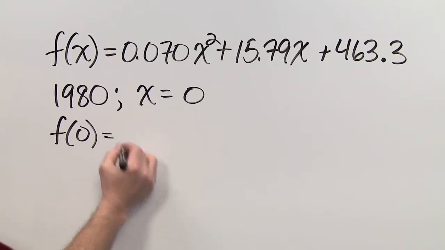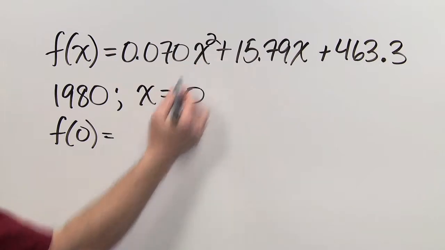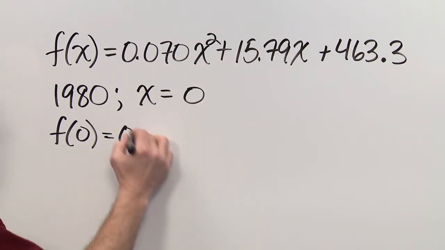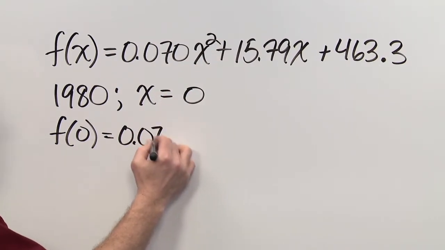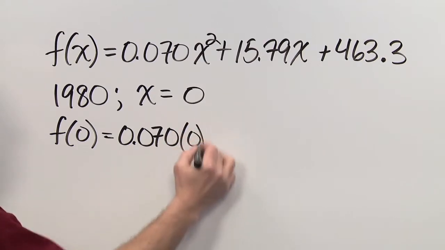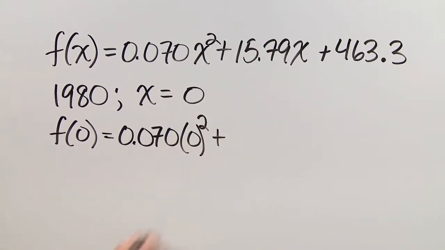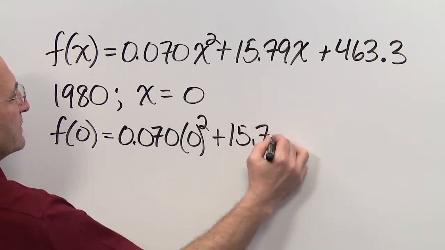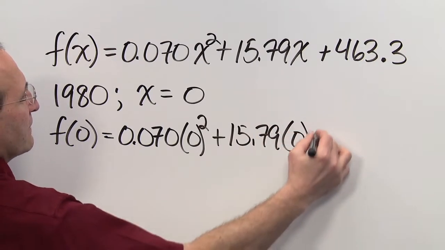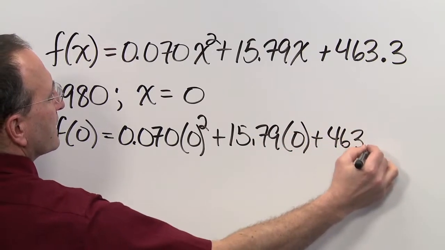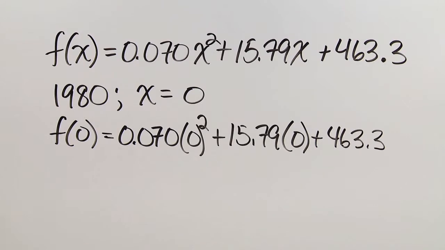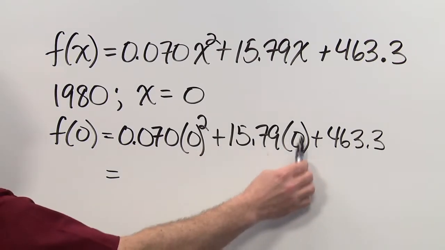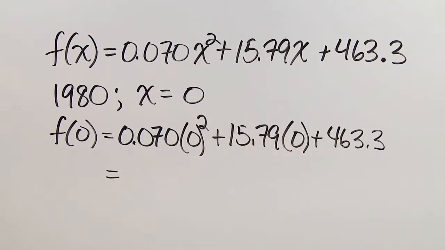So we substitute in 0 in place of the x. So we would have 0.070 times 0 squared plus 15.79 times 0 plus 463.3. When you evaluate that, and you can certainly do that in your head because 0 squared is 0, this simply becomes 0.